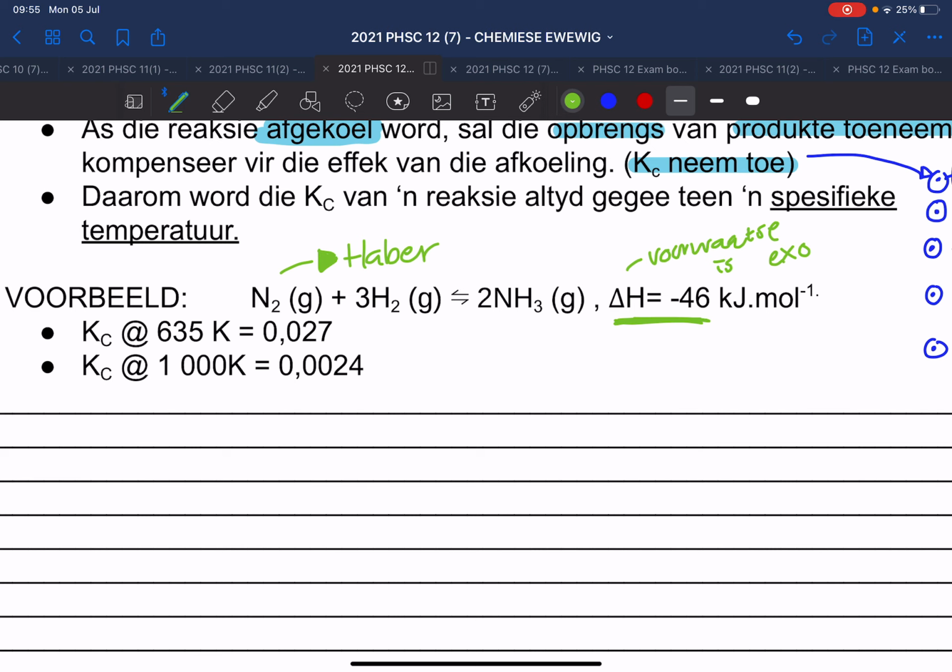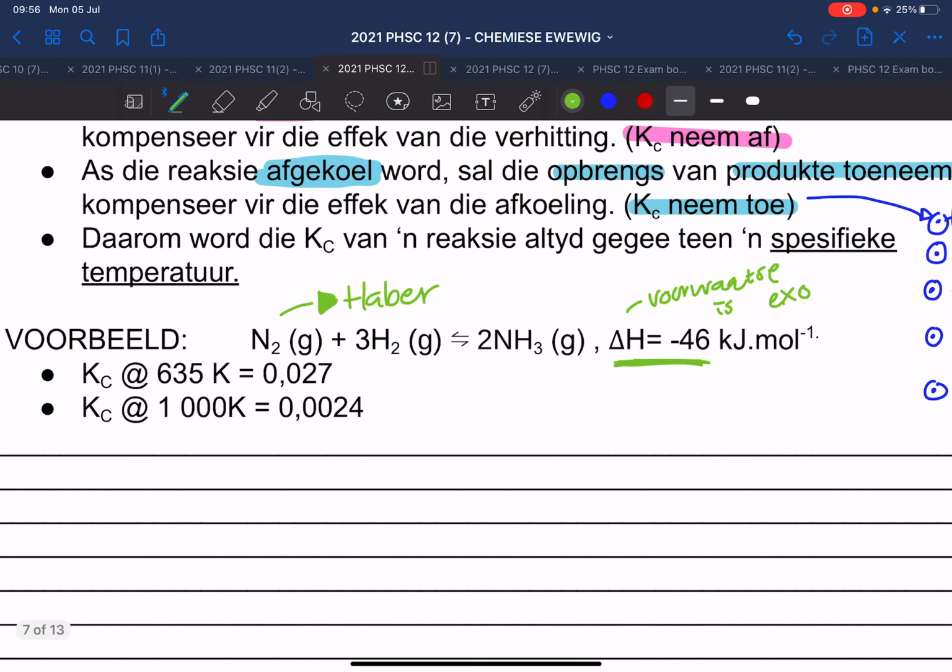Minder. So hulle wil weet, hoekom jy dit gedoen het dit gebeur. Okay, right. So, we must look at a few things. We must, number 1, look at, is this an endo or an exothermic reaction? Okay, exothermic.